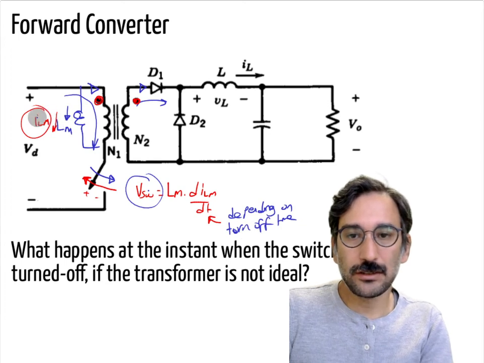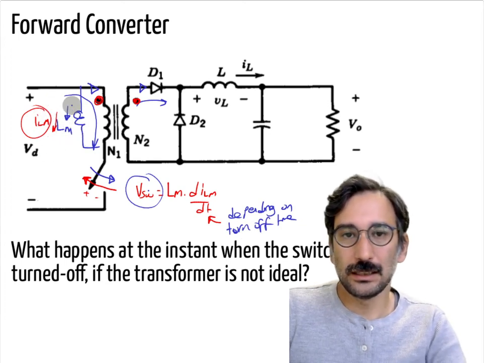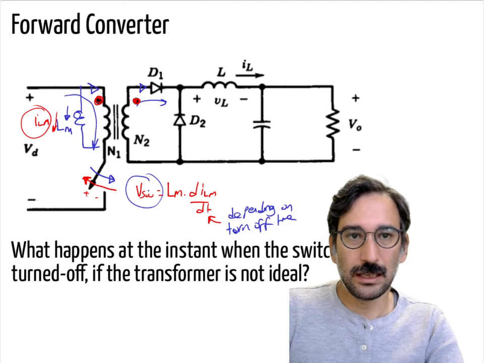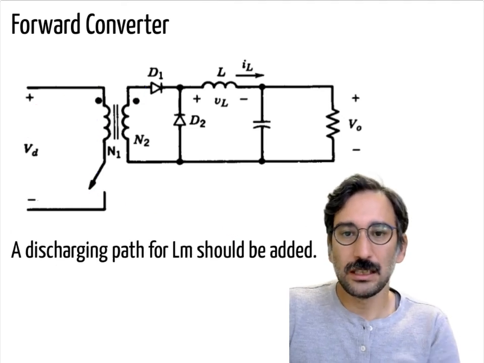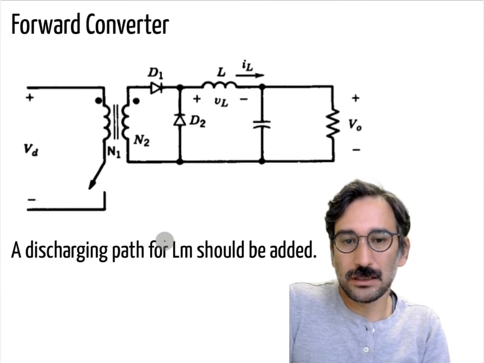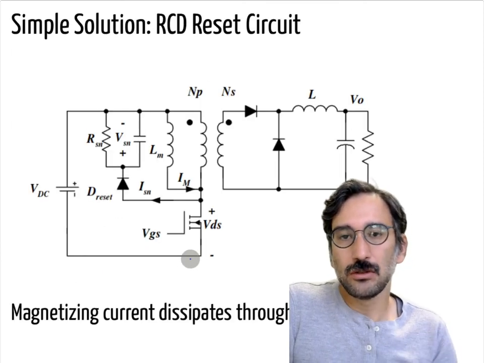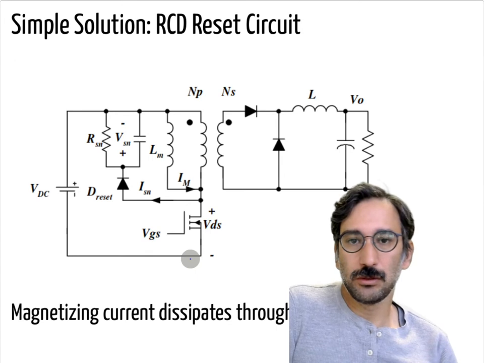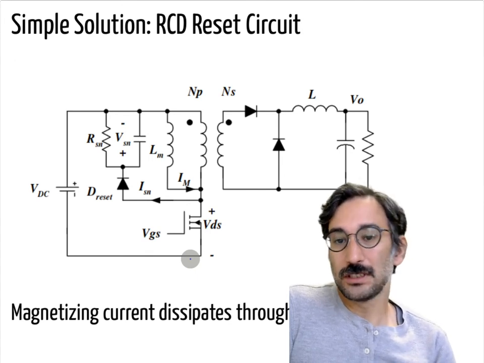So we need to get rid of that current somehow, and maybe the easiest solution, so we are looking for a discharging path for that LM. So the easiest solution would be to install a snubber circuit.